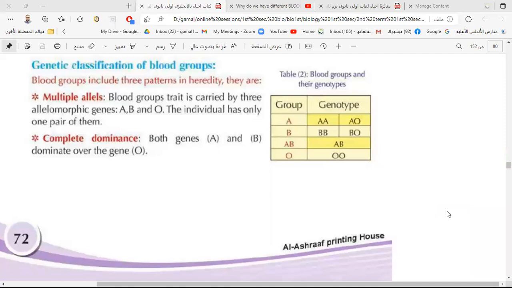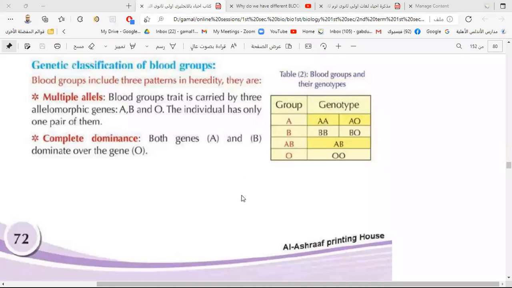Okay. We have 4 different blood groups. Blood group A is a phenotype, but it has 2 genotypes. If you look here, blood group A has 2 different genotypes. It may be A capital, A capital, with 2 similar genes.